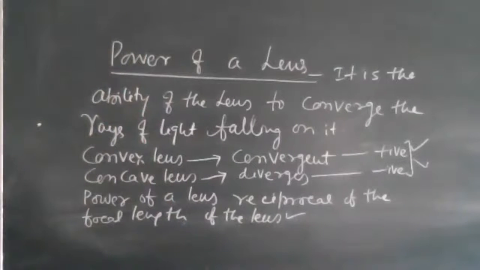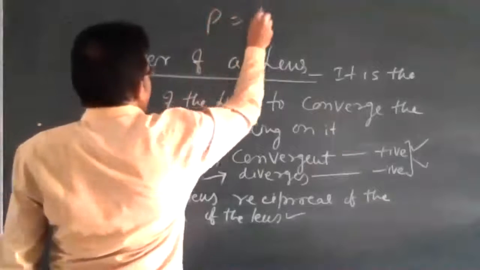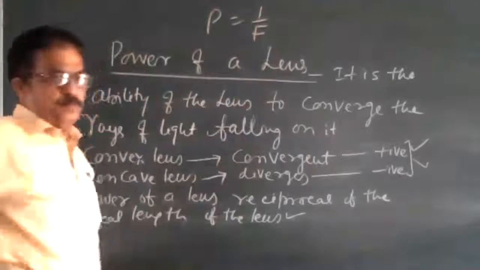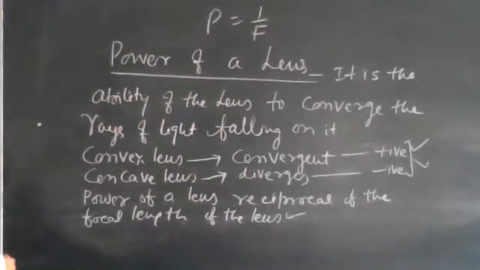So I can say, my dear children, power of a lens P is equal to 1 by F. Write down, power of a lens P is equal to 1 by F.